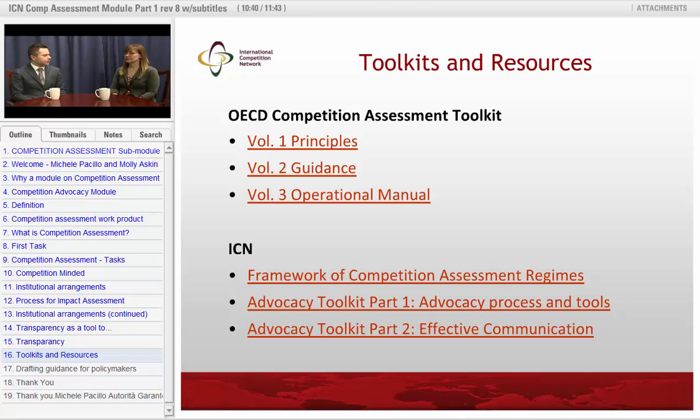Such guidance or tools may help policymakers identify the main issues to address as a part of a competition assessment. They may also serve to encourage policymakers to conduct in-house assessments of the proposed policies where relevant.